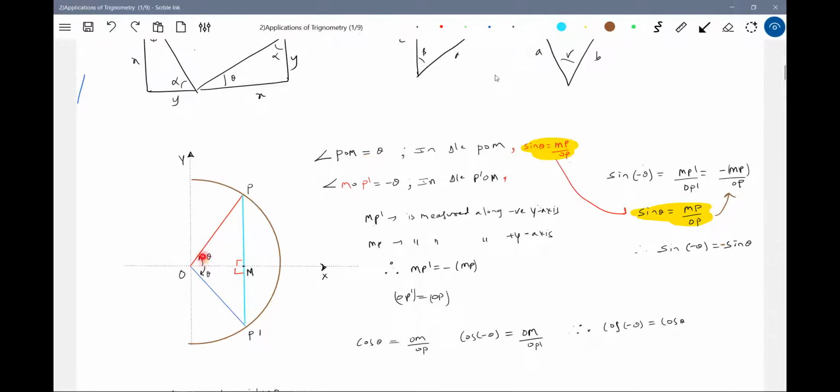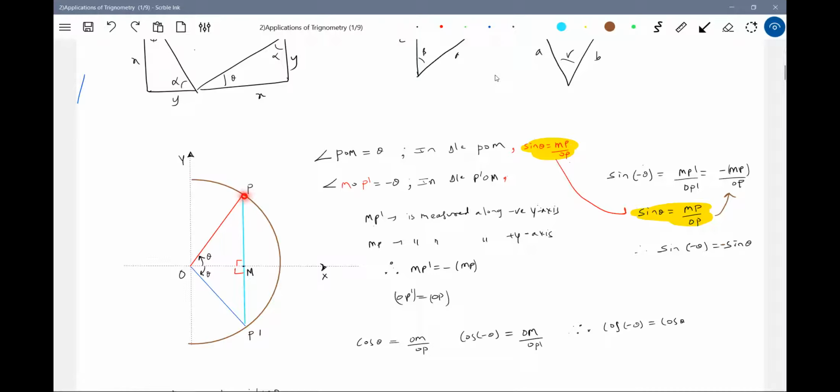This angle theta is measured counterclockwise, so it should be positive. What about angle MOP dash? It is measured in the clockwise sense, so this angle has to be taken as negative.